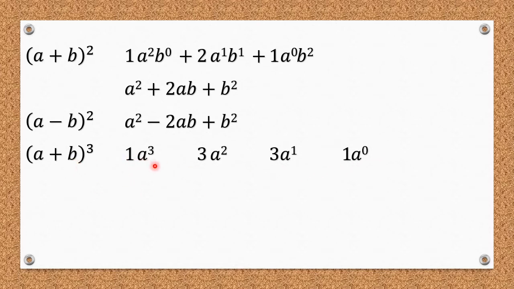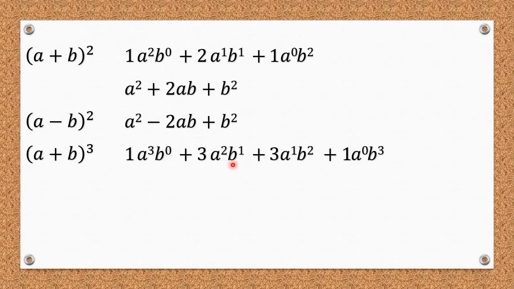Then we start with the second term, b, with power 0, and then in the increasing order 1, 2, 3. Now because there is a positive sign here, all the values will be positive. So plus plus plus. Now this 1 and b raised to 0 doesn't matter.